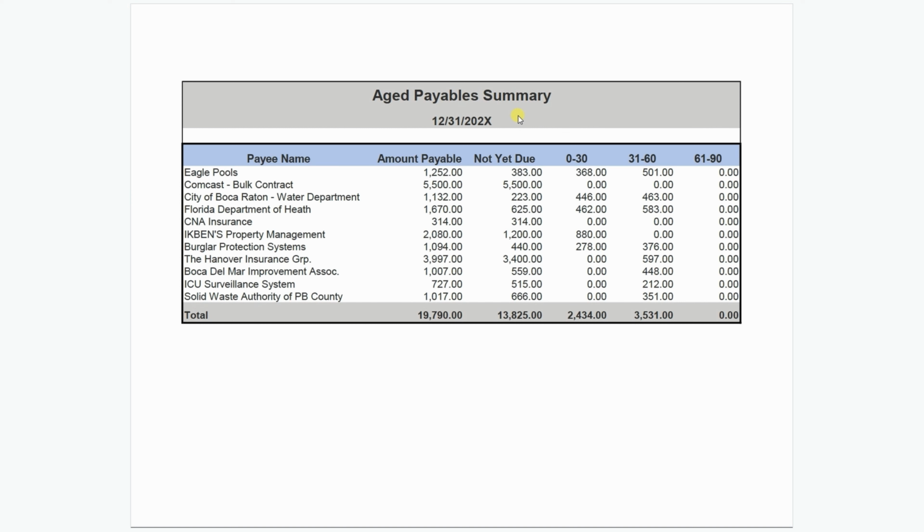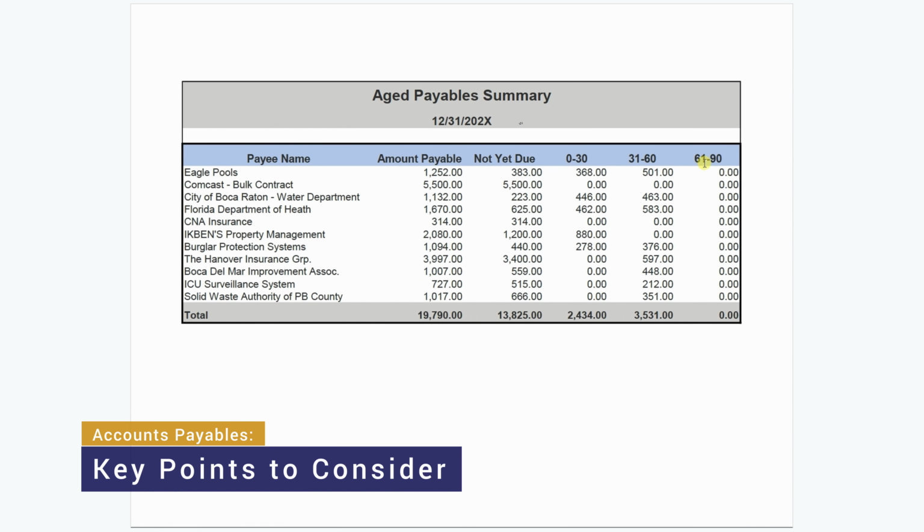This report is typically used by the board of directors and management to ensure that all the invoices are being paid in a timely manner and to identify any potential issues with the association's financial health. The format of the accounts payable report is similar to the accounts receivable in terms of labeling of the columns. We have payee name, amount payable, not yet due, 0 to 30, 31 to 60, 61 to 90.